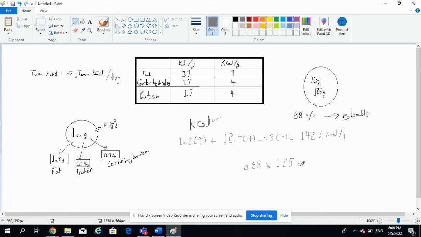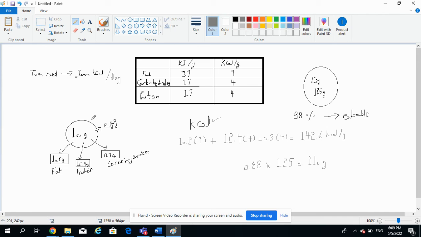If you put that in your calculator, it will be 110 gram, which is the weight of the boiled egg that he's eating. Okay, and now you have to calculate how many kilocalories he's getting from this 110 gram of boiled egg which he's eating.